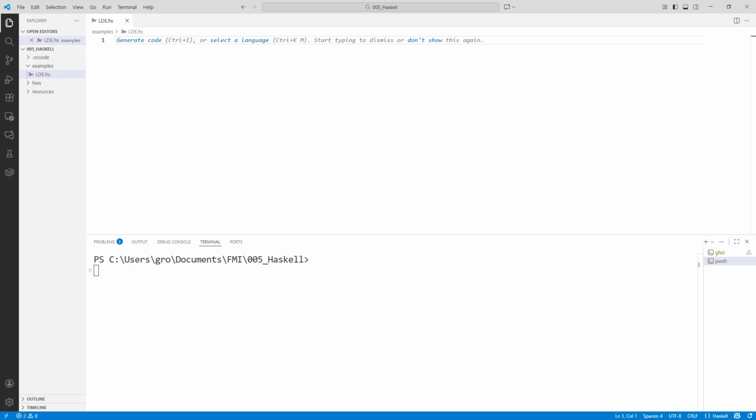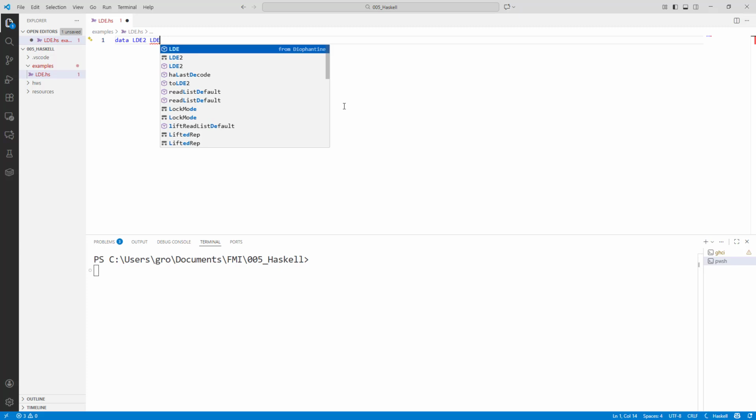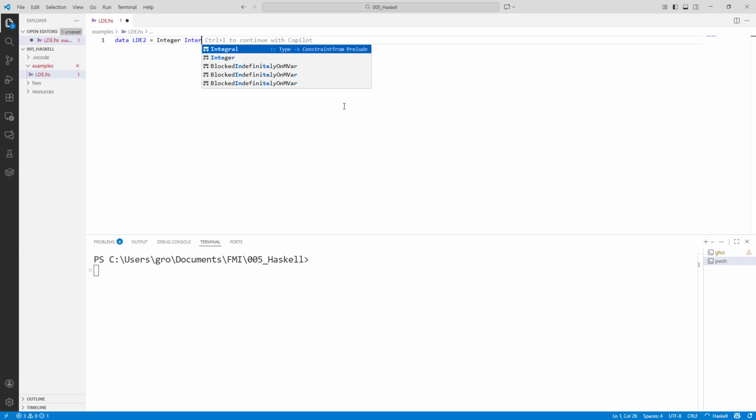In Haskell, when we want to create a new custom type to bundle data together, we use the data keyword. It should be like this: data LDE2, standing for Linear Diophantine Equation, equals LDE2 Integer Integer Integer.